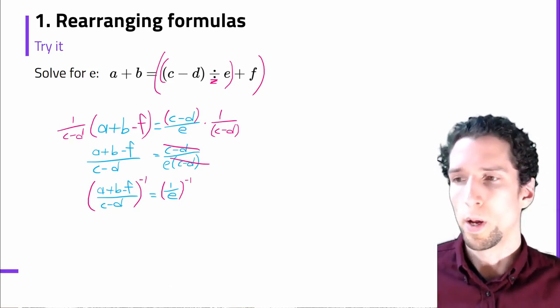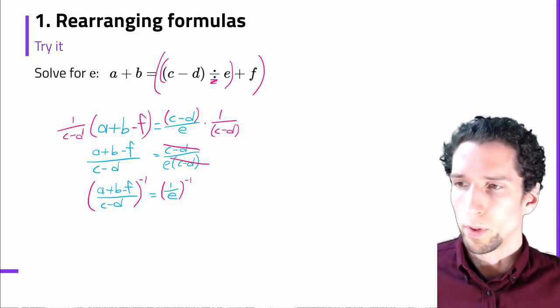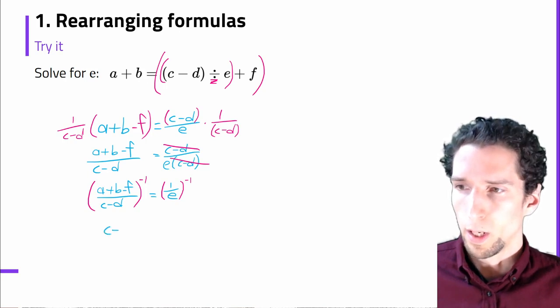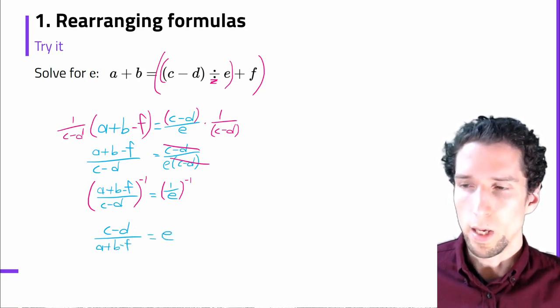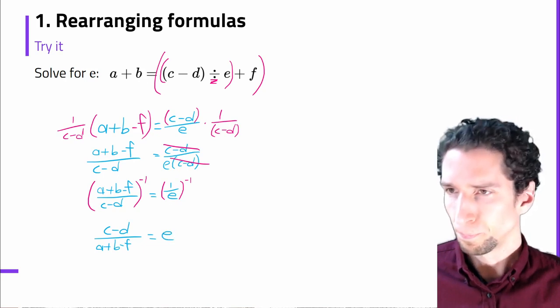That's always possible. So if we do that, we will end up with c minus d over a plus b minus f, and then just e on the other side here.